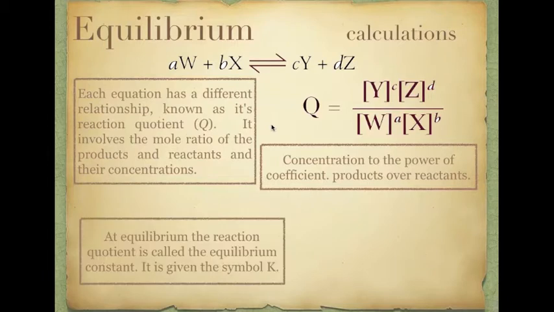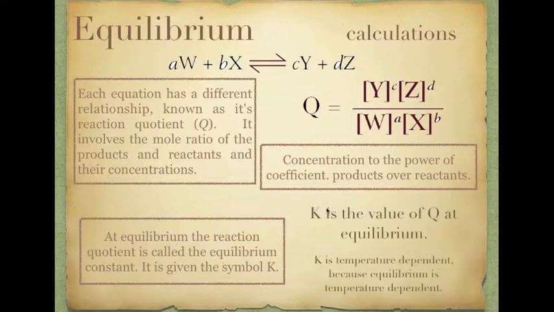Now there's a special term for Q when we reach equilibrium. When our concentrations remain constant at equilibrium, this is known as the equilibrium constant, and it's given the symbol K. So K is the value of Q at equilibrium.